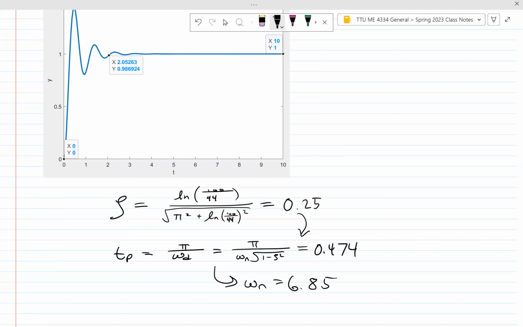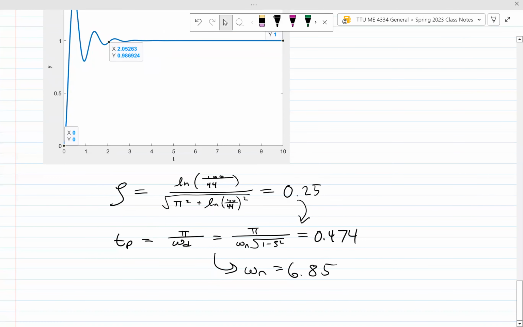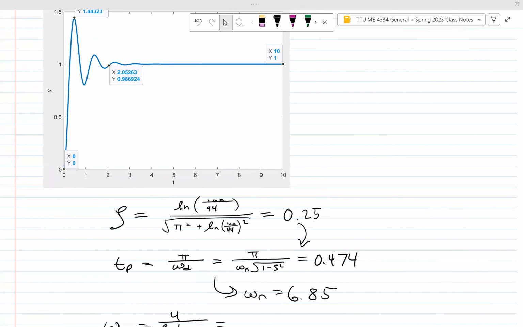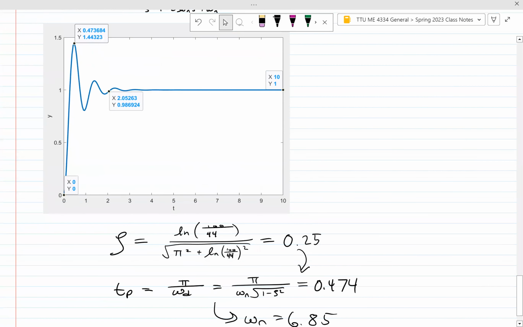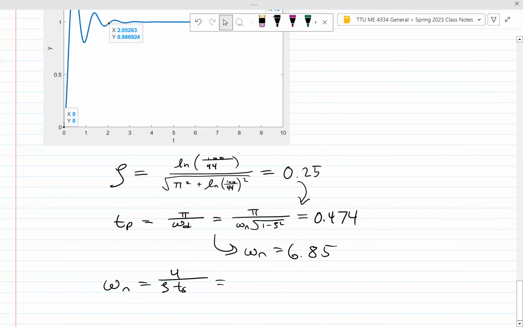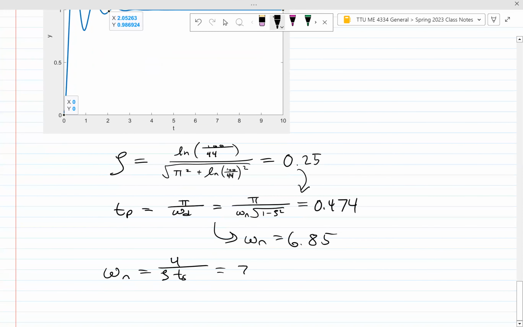Use the settling time, which is related to the time constant. If we rearrange that settling time formula, Ts equals 4 over zeta omega n. Our settling time is about 2.05 seconds here. We crunch this out and we get 7.77 for omega n.